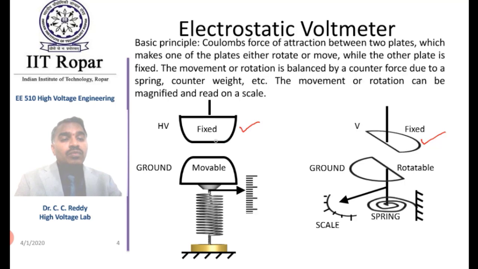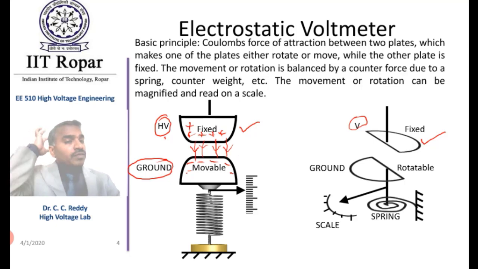When we apply high voltage to this electrode, and the other is at ground voltage, an electric field is established in this region. Positive charge will accumulate here, if the high voltage is positive, and negative charges will accumulate on the surface of this electrode.